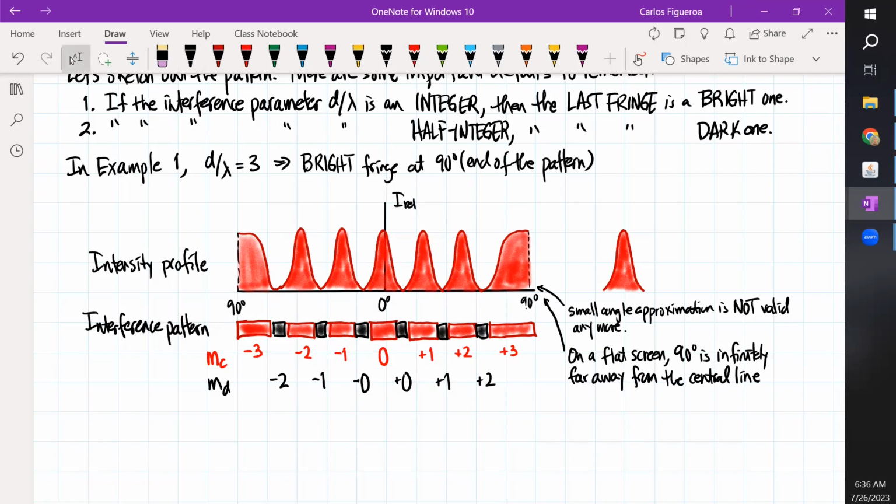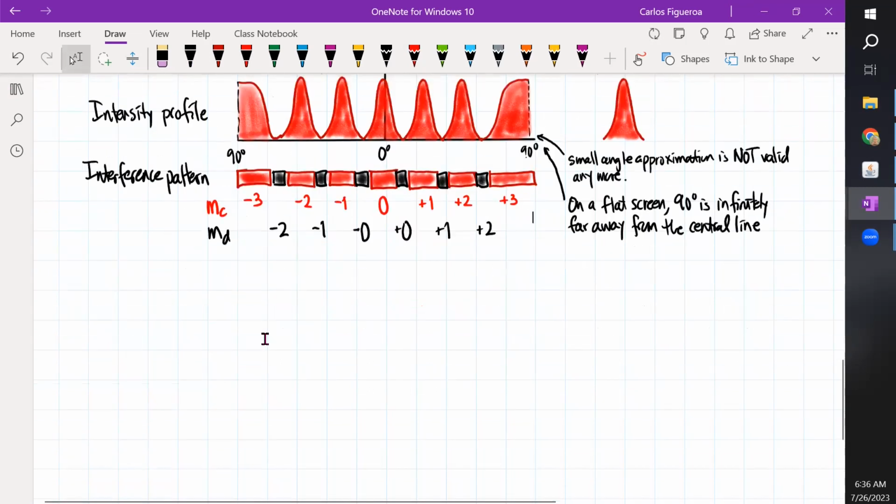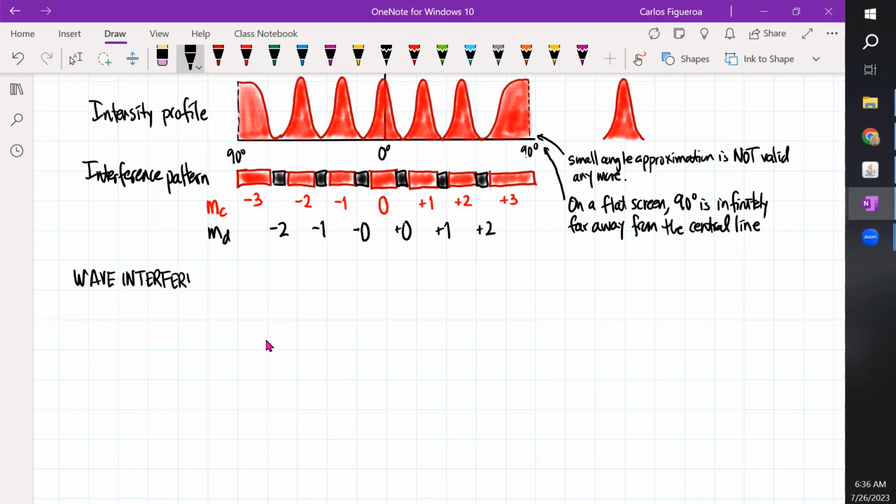Now, what I want to do here is to show you this pattern. I want to look at an applet. So I'm going to look at the wave interference, Number 1 applet. This is such a good applet.